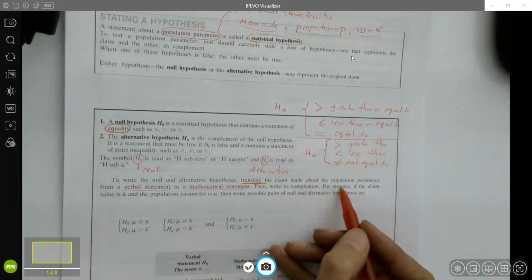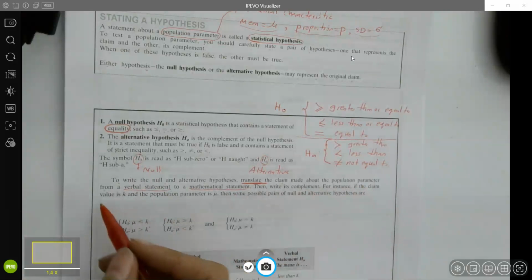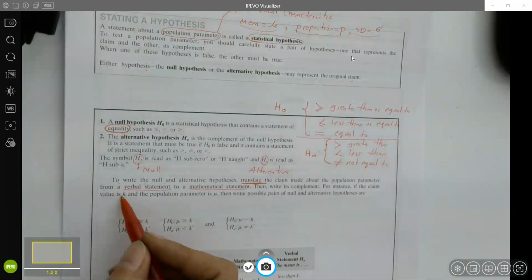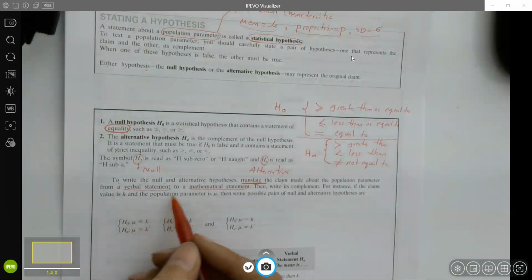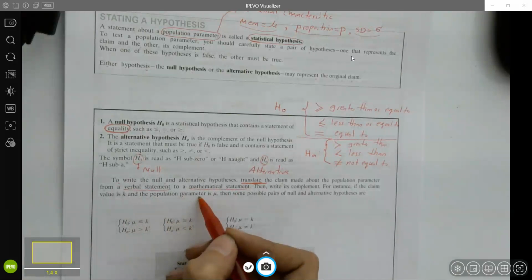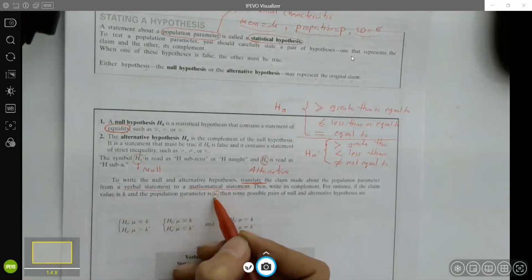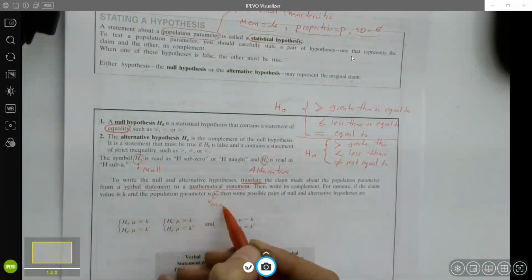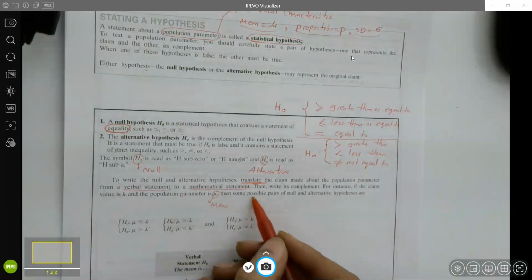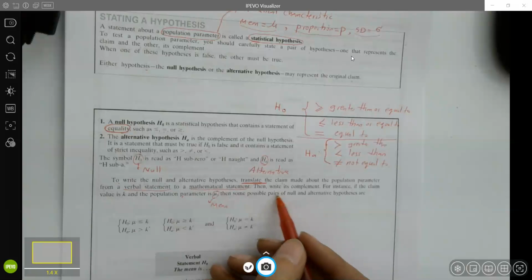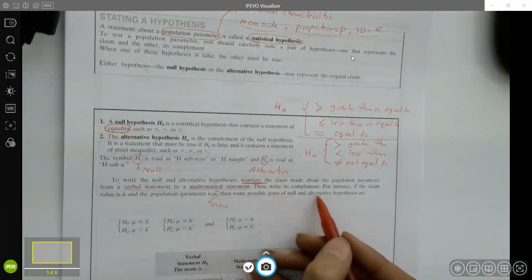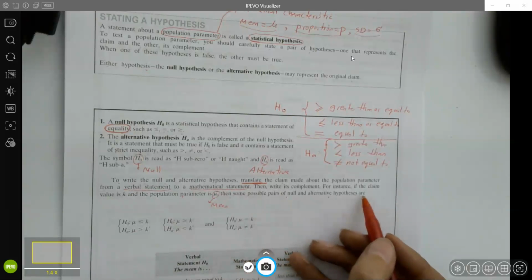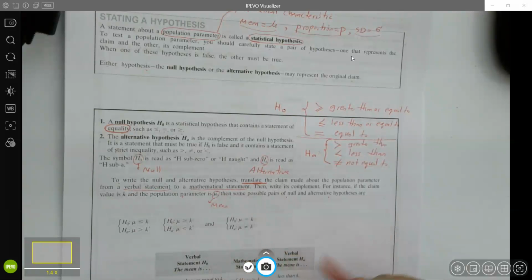For example, if the claim value is k and the population parameter is mean or mu, then some possible pairs of null and alternative hypotheses are, there you go.